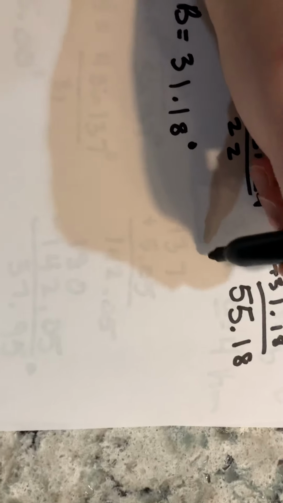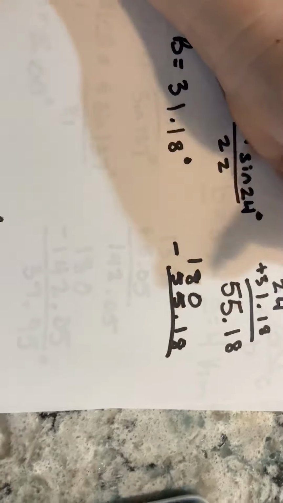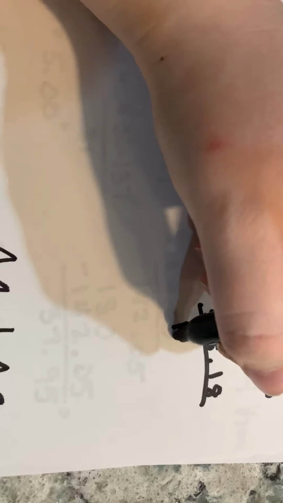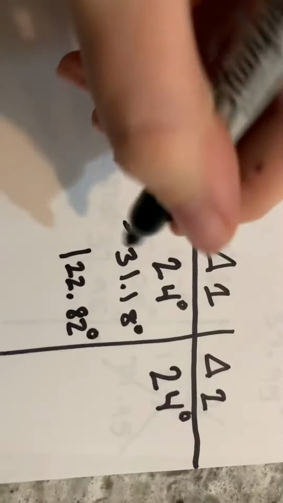Now we subtract 180 and 55.18 to find out that angle C is 122.82 degrees. So we'll bring that back down here. So you get 122.82 degrees.